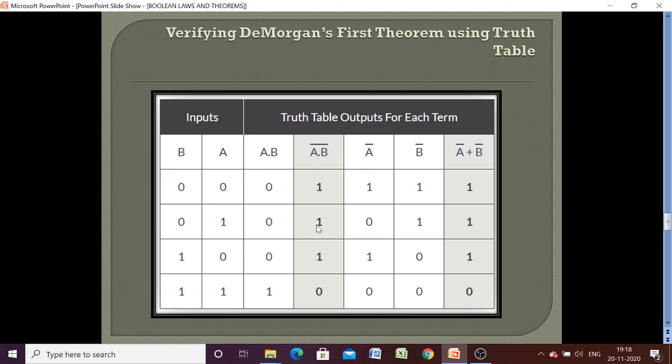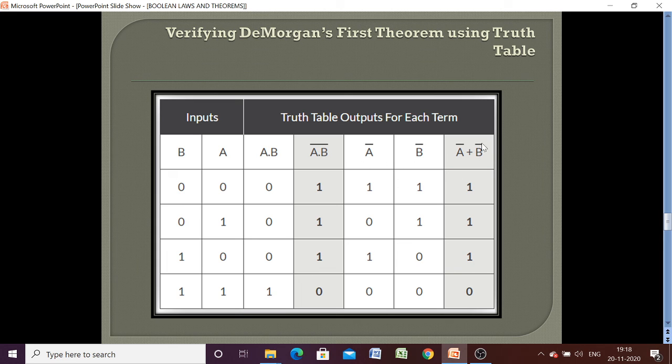Now in this column we are calculating the complement of this one. So all these values will be complemented, inverted. Now here we are calculating negation of A, so these values will be negated. Here we are calculating negation of B, so these values will be complemented.